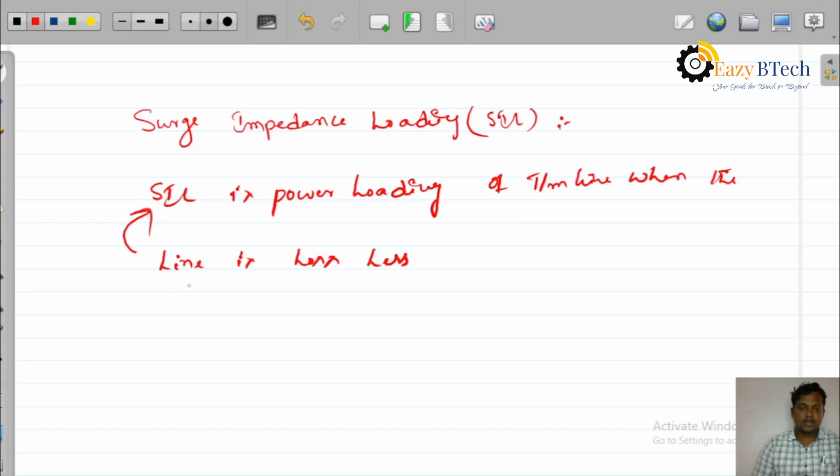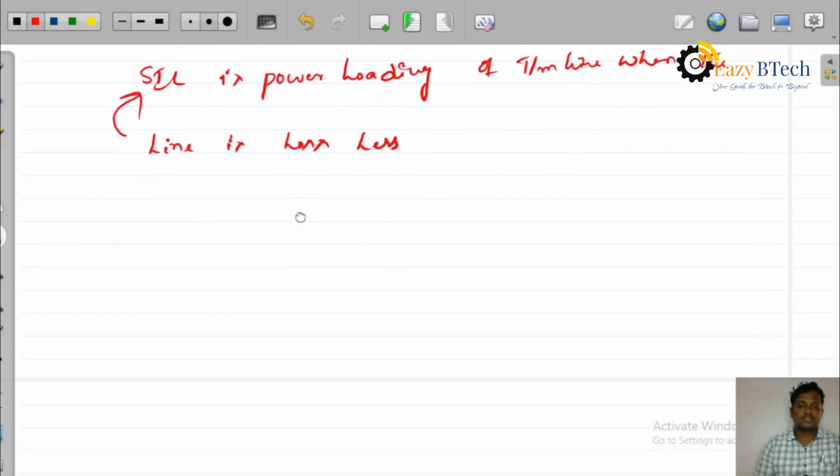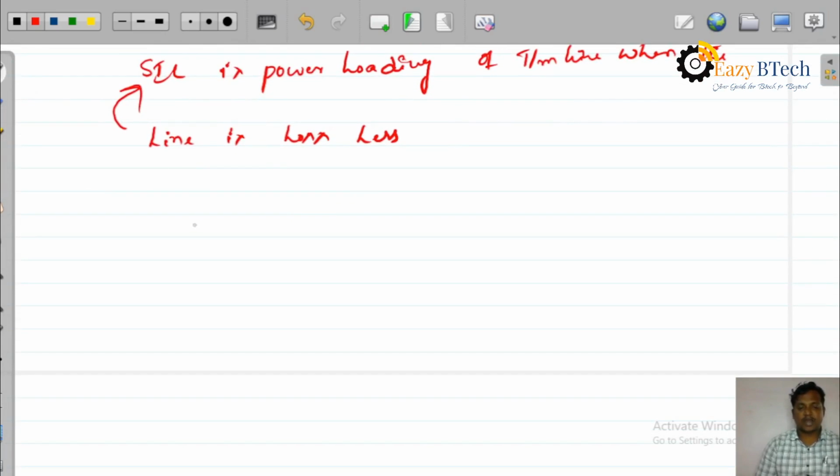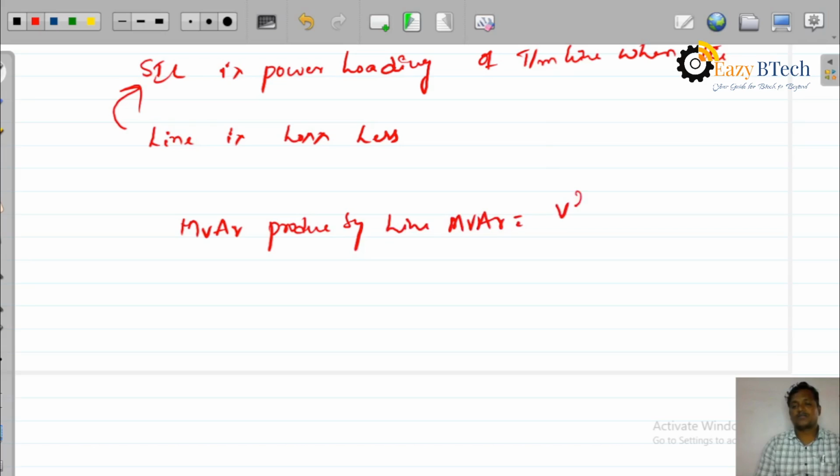Suppose the transmission line produces reactive power, MVAR produced by the line. We can calculate it from V square by XC.